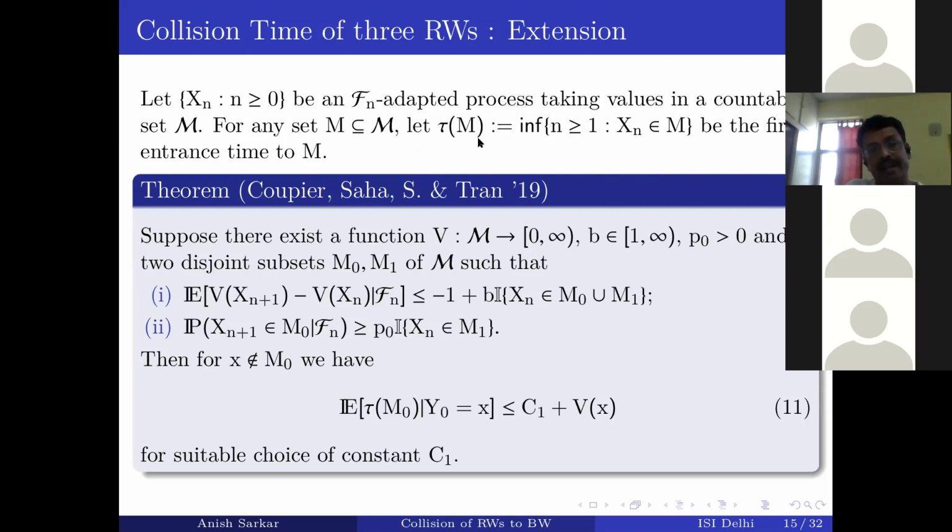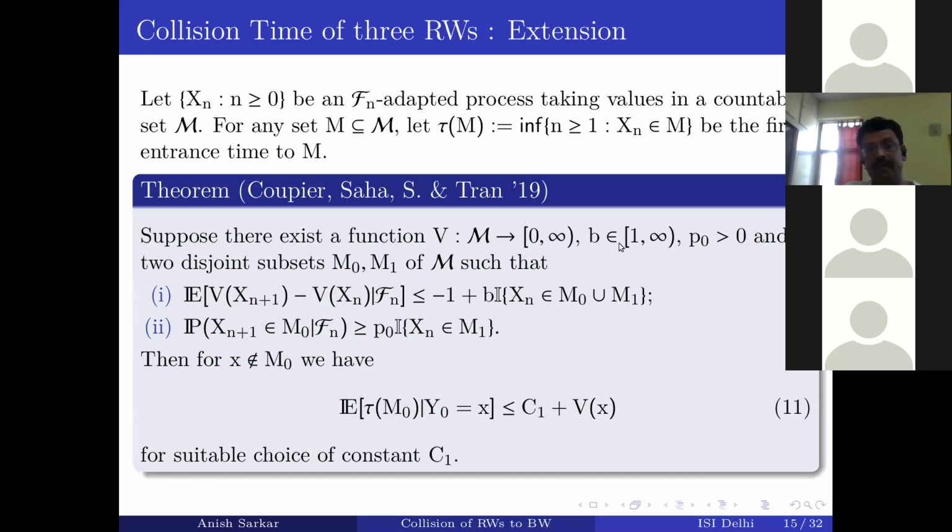M is a set here, which is why the terminology entrance time is used: the first time X_n enters M.